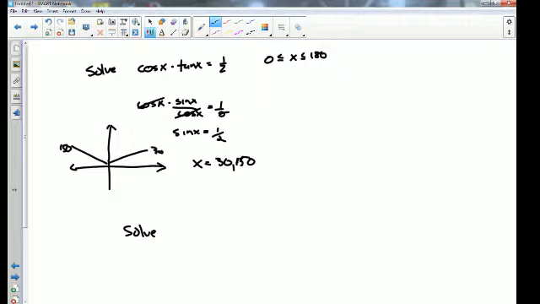Solve. Okay, here's another one that should be pretty straightforward.